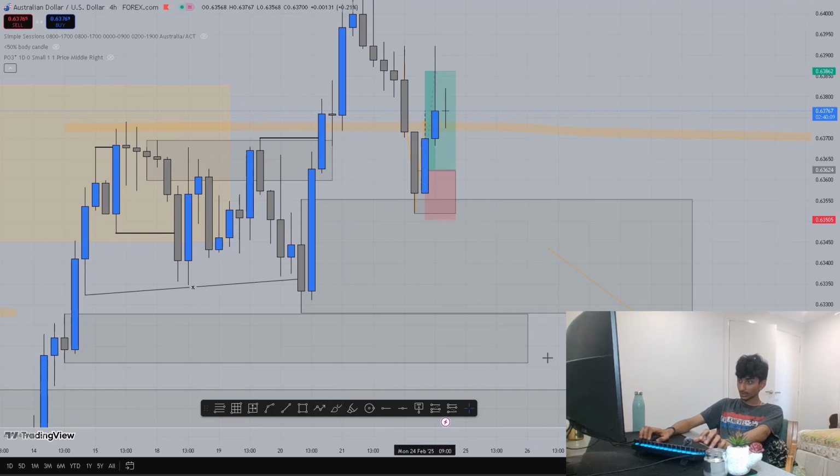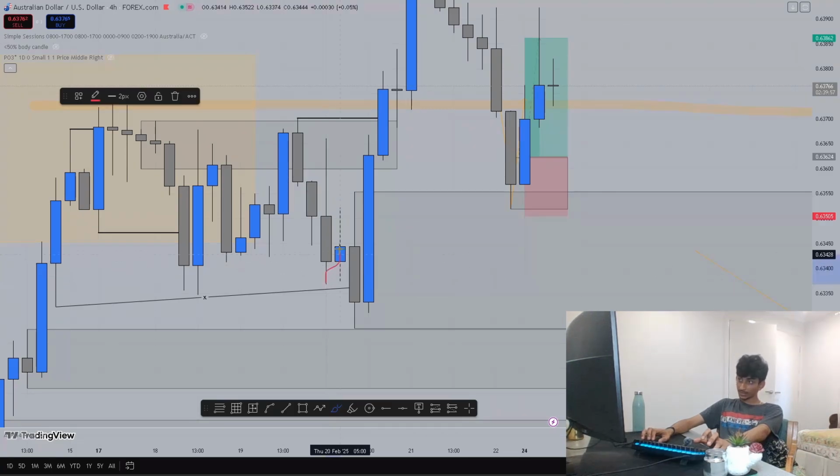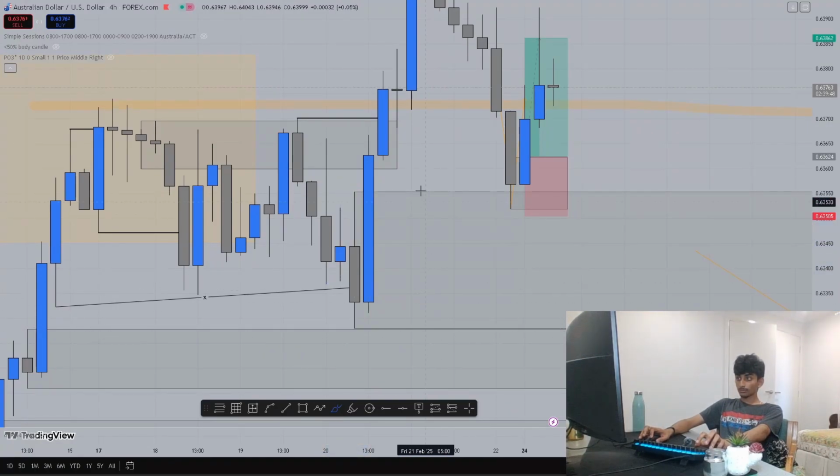Because if you zoom in really close to the candlesticks, you can see that this candle wick never went below this candle wick, telling us that this whole move until this candle wick was a move up before a move down into this candle wick over here. So I just drew my demand zone from wick to wick.